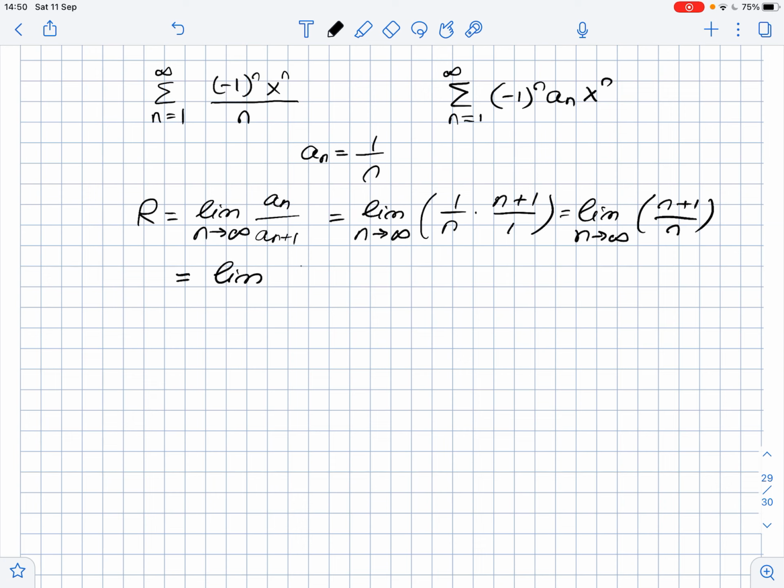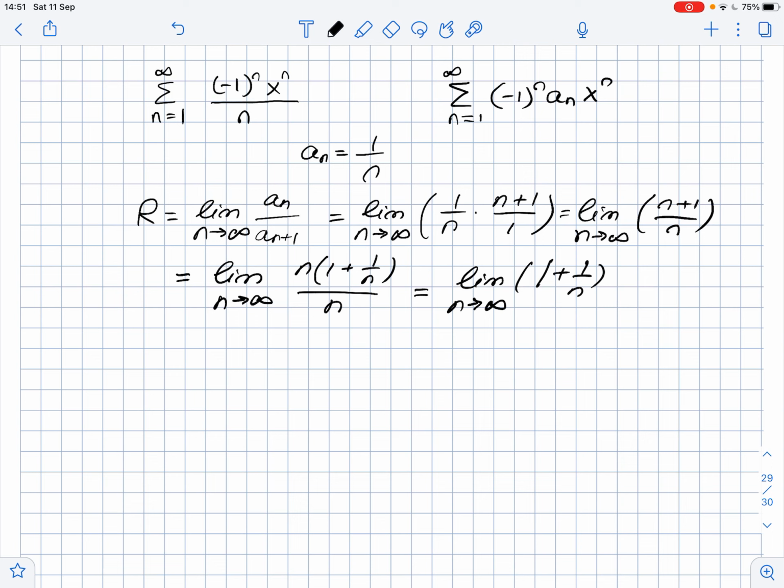This equals the limit of n multiplied by (1 + 1 over n), over n, where n approaches infinity. So this equals the limit of 1 + 1 over n, where n approaches infinity.